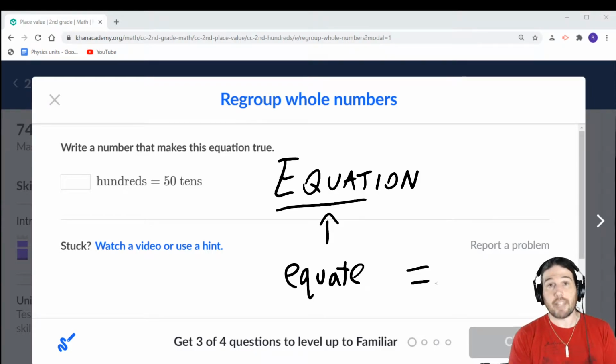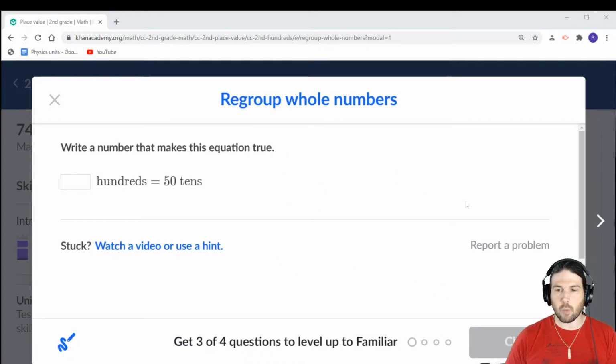If it doesn't have an equals, it's not an equation. If we just had half of an equation, we call that an expression. And that's important because when you're communicating in math, if you say something that doesn't match what you actually mean, it's going to confuse you and it's going to confuse everybody else. So that's why I harp on these things sometimes.